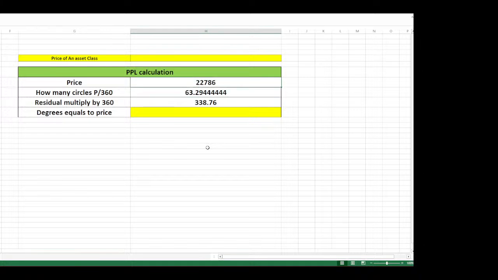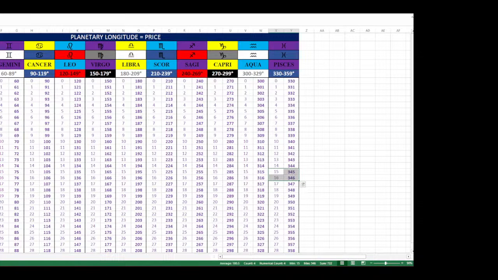Now, 360 degrees is one cycle. If you divide 22,786 by 360, 63 full cycles have happened, and the residual value is 0.29444. So 0.29444 times 360 degrees comes to 105, 106 degrees. Now let's see what sign that comes to.